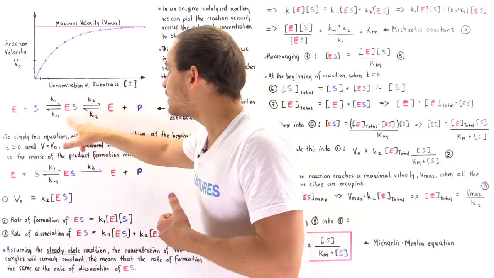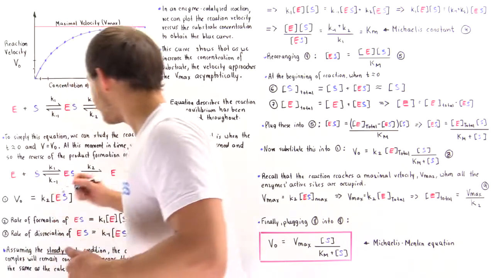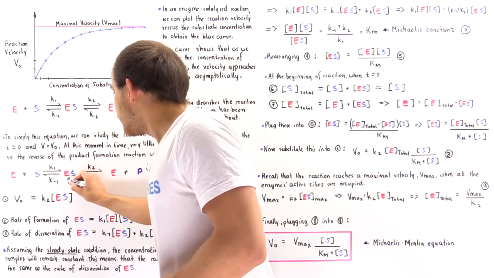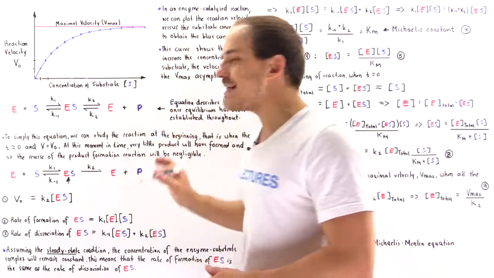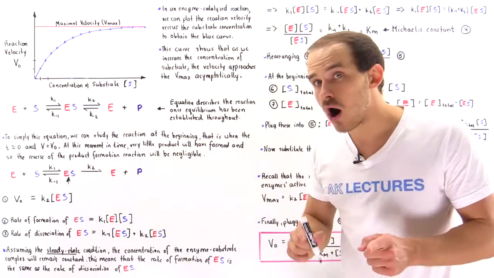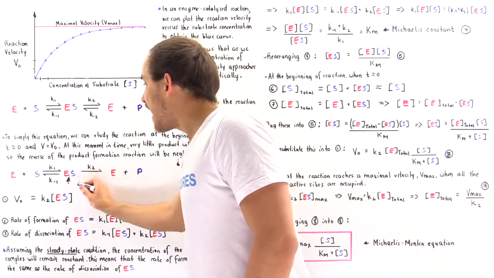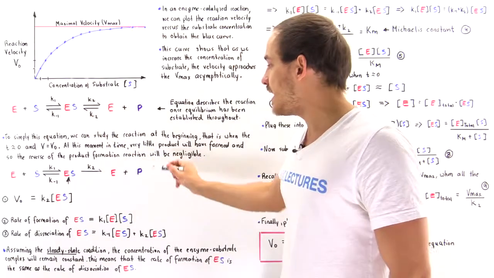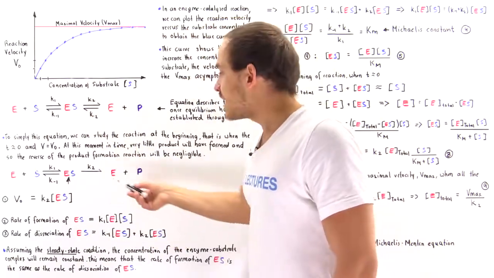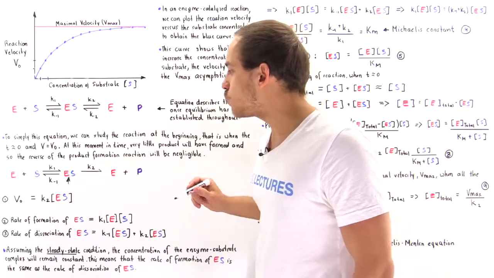So this is our starting point, and that's exactly where we get equation number 1. Equation number 1 gives us the rate law of this reaction, as the enzyme has the substrate at the active site and transforms it into the product. So the rate law of this reaction is given by equation number 1.